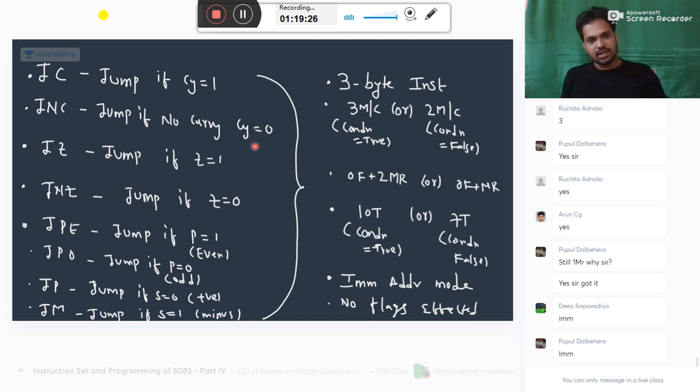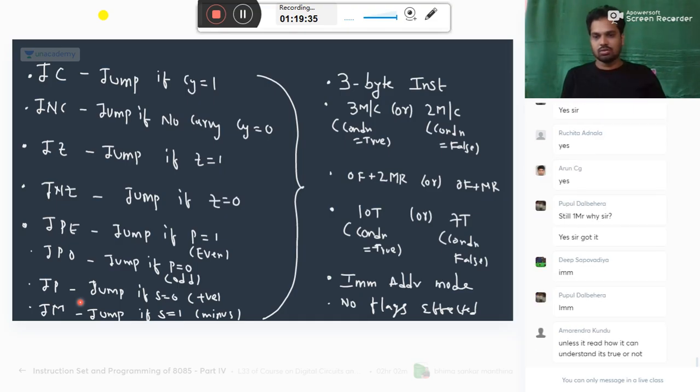Now in a single slide you are able to cover this many instructions. Okay. Now let us show how this execution takes place in the computer, like the machine cycles. Then it will be more clear.